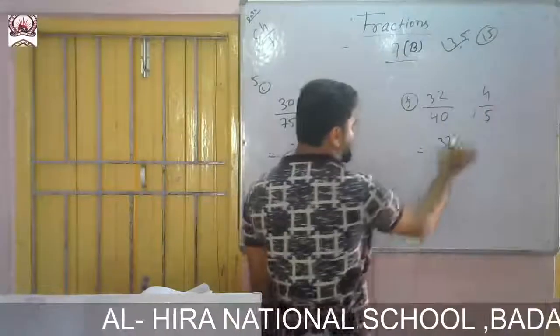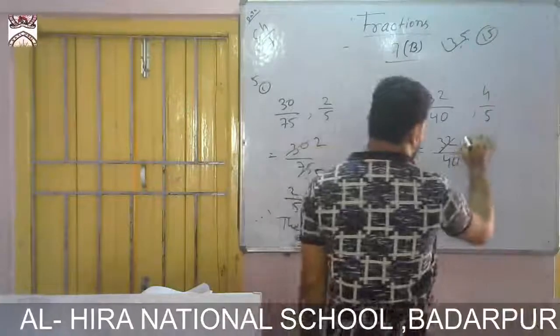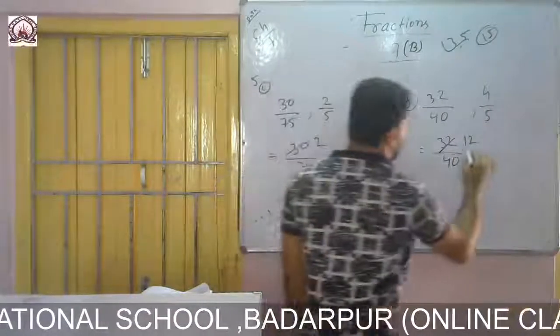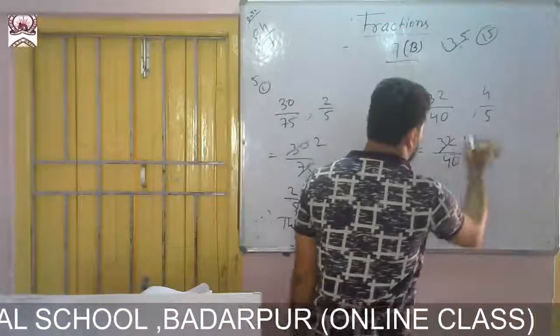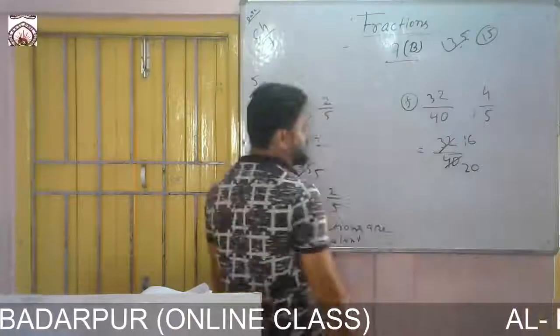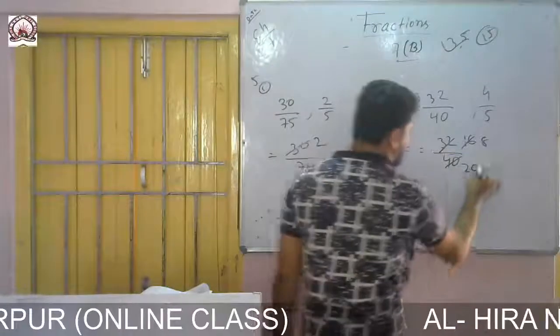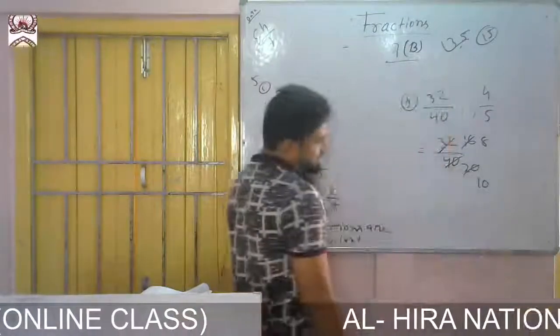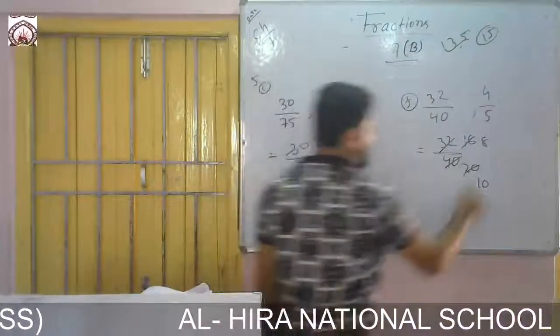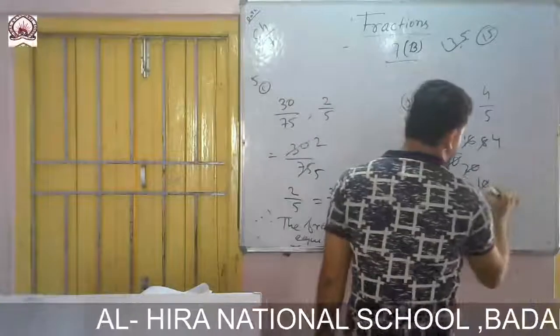If I cancel with 2, then 2 16s are 32, 2 20s are 40. Then again with 2, 2 8s, 2 10s. Again with 2, 2 4s, 2 5s.